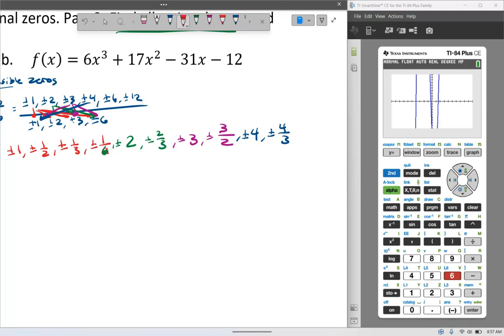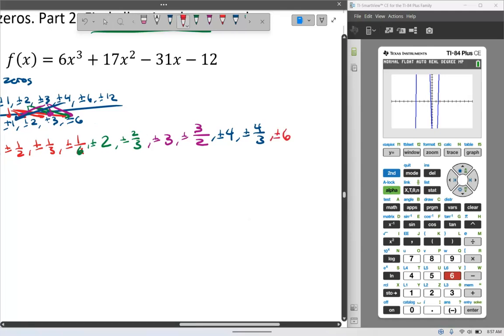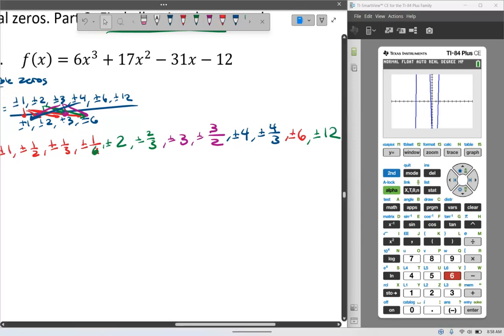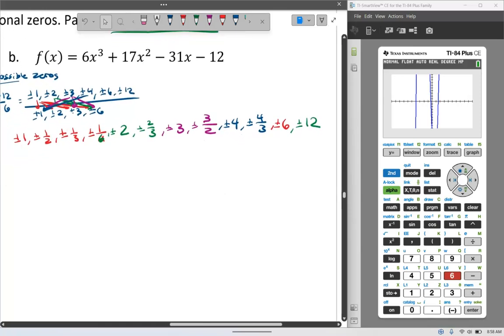Moving on to 6. 6 over 1, 6 over 2 is 3, 6 over 3 is 2, 6 over 6 is 1, and then moving on to 12. 12 over 2 is 6, 12 over 3 is 4, 12 over 6 is 2. We've already got those. So this is our list of possible values.